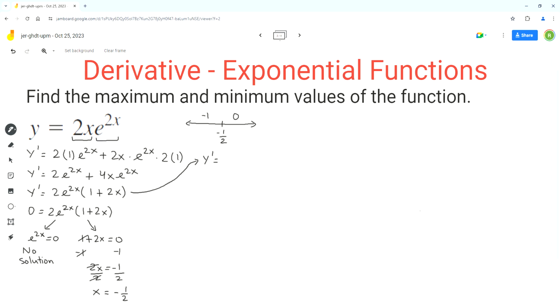So let's start with x equals -1. We should sub in x as -1 in the derivative. Now we can simplify this expression. In the exponent, 2 times -1 is -2. In the parentheses, 2 times -1 is -2, and 1 plus -2 is -1.